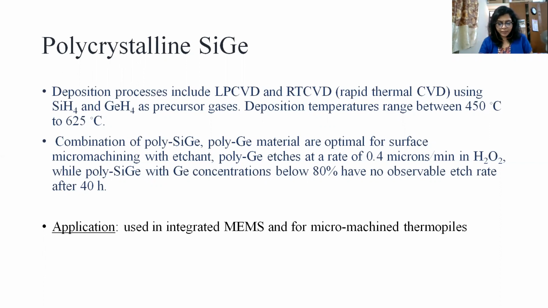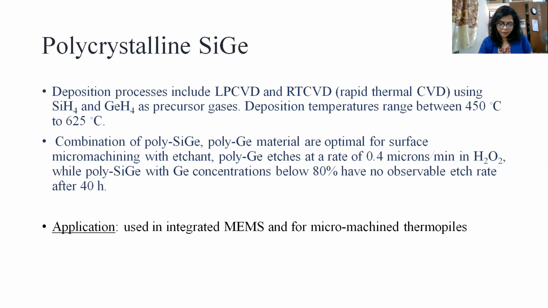The composition of silicon germanium in the film governs the properties of the film, such as microstructure, conductivity, and residual stress. A combination of polygermanium and silicon germanium material is optimal for surface micromachining.